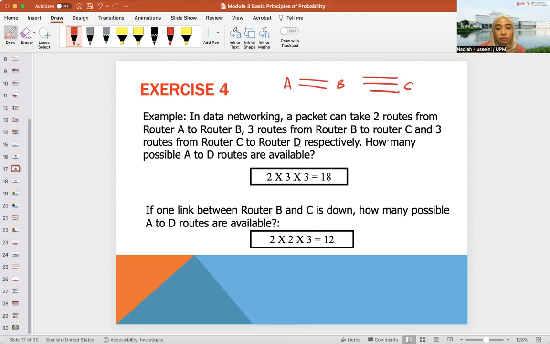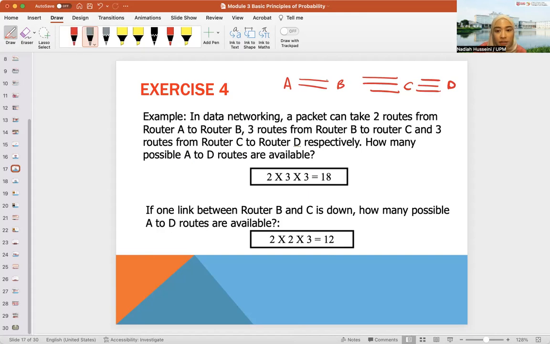And from router C to D, there are 3 routes. So you have 3 routes from C to D. How many possible A to D routes are available?